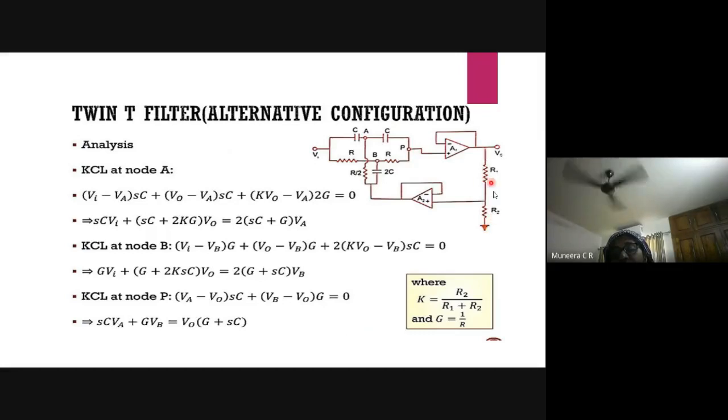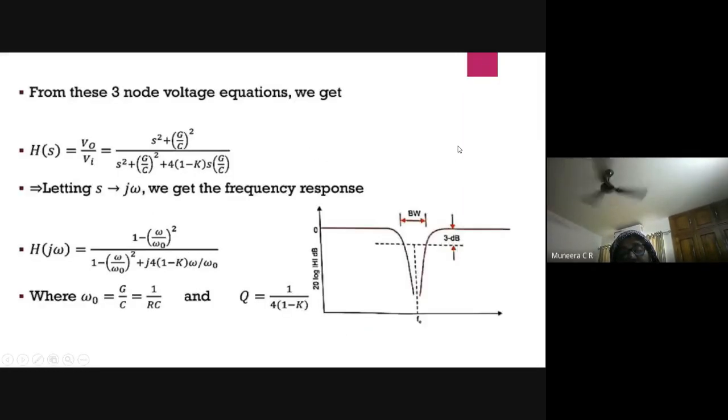R2 by R1 plus R2 is the voltage fed back to the input. Two voltage followers are there. By using this also you can realize a notch filter. This is the frequency response and the expression for it.